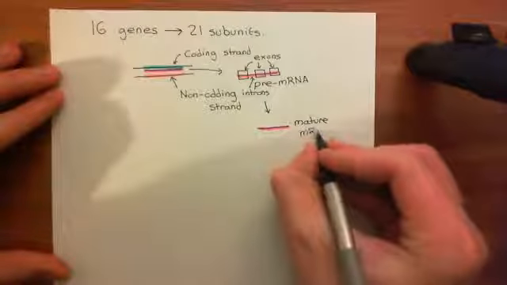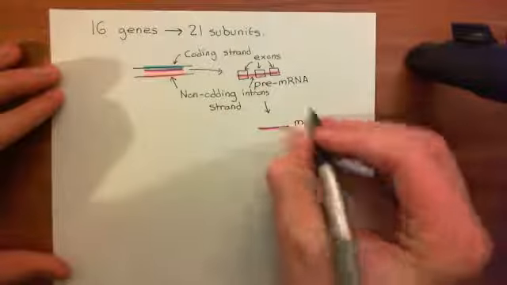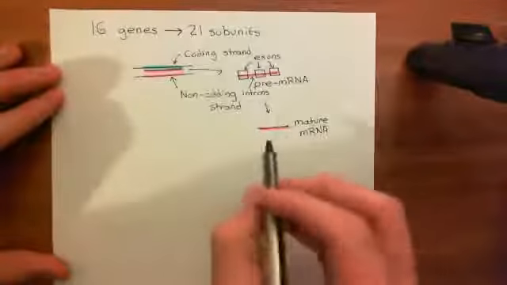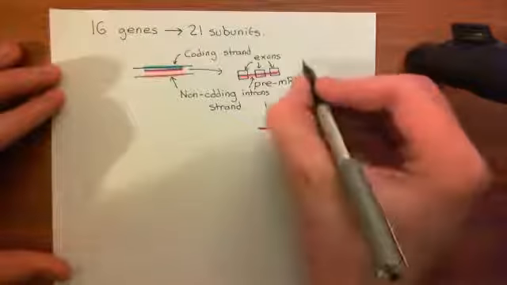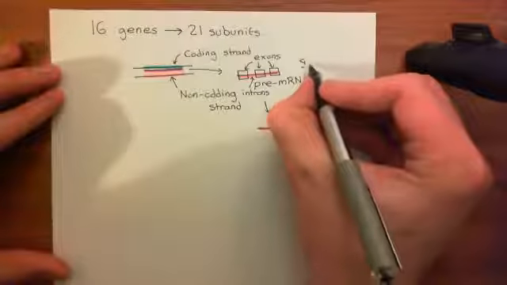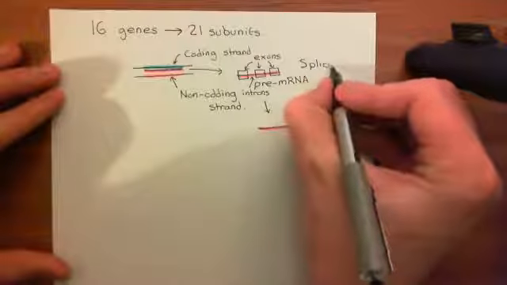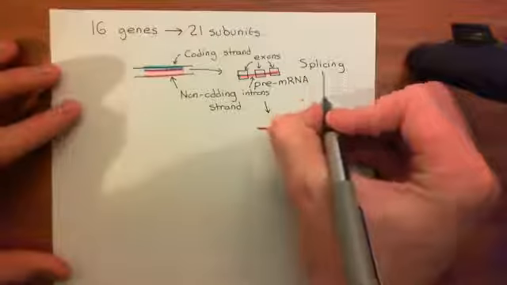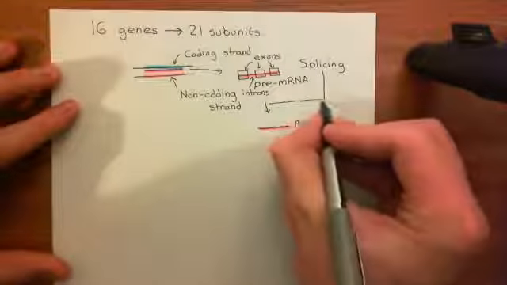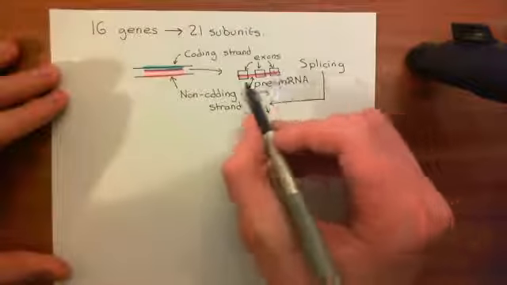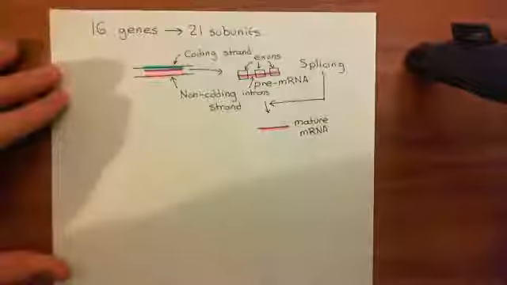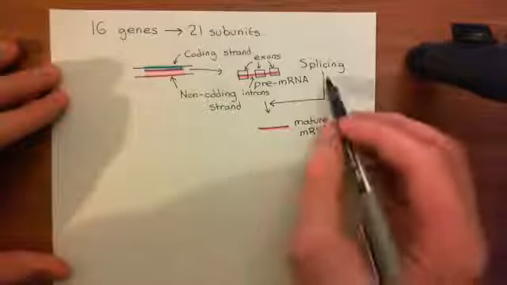Right, so this is the principle that you can have different splice variants that come from the same gene. And this process of turning a pre-mRNA, which is the primary transcript of the RNA, into a mature piece of mRNA by cutting out the introns and stitching some of the exons back together, is called splicing.